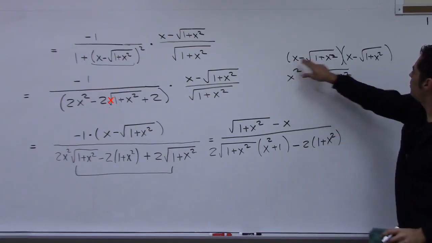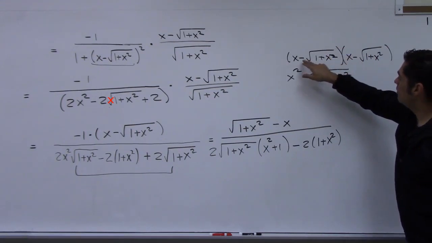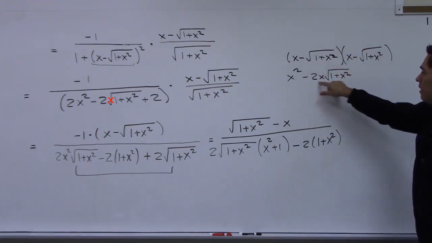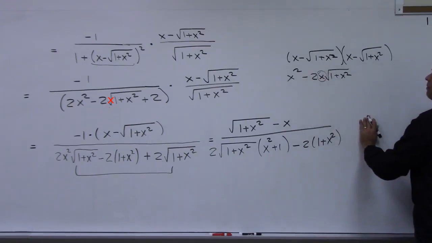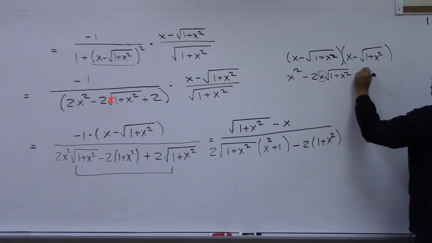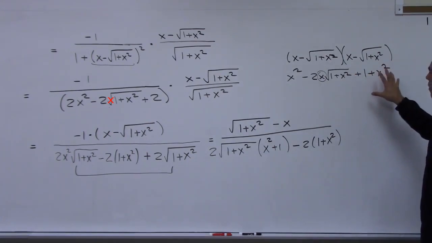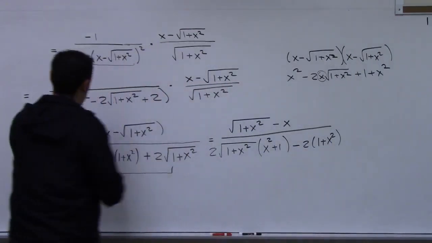That's because I'm going to get x times negative root 1 plus x squared, and then I get another negative root times x, and you'll get 2 of them, negative 2x of these. So this is the key. I forgot this right there. And then the last piece was plus 1 plus x squared. All right, so that, when you put that together right here, this right here is missing an x.